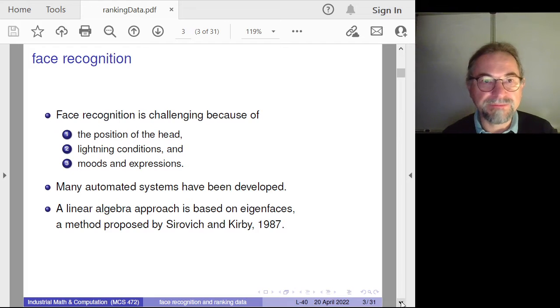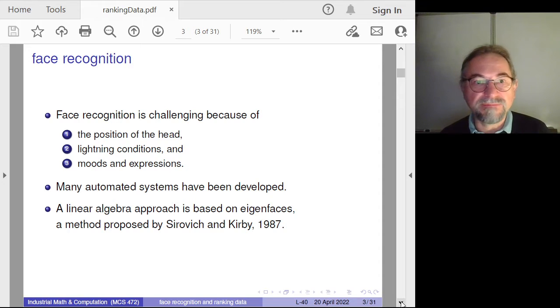What is the problem with face recognition? Face recognition is a very well studied problem, and many automated systems have already been developed for this. It is a very challenging problem. One has the position of the head that can be at several angles, and it is essentially a three-dimensional problem, and you try to do this from a two-dimensional picture.